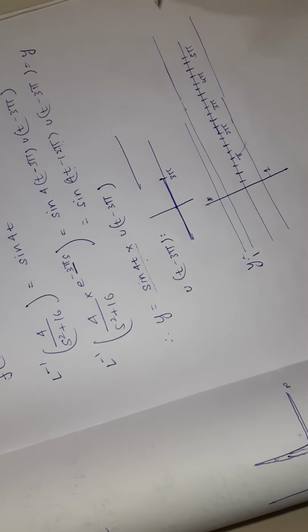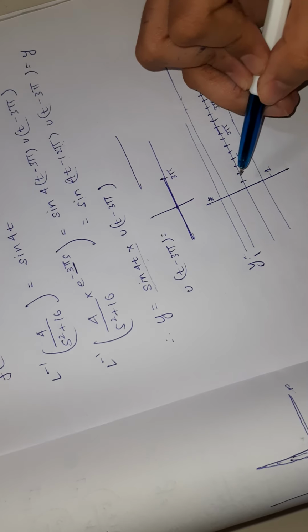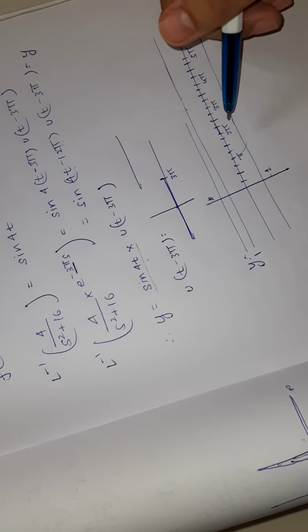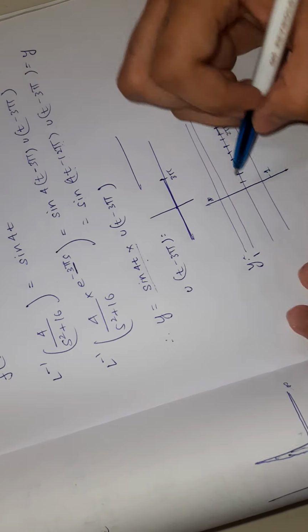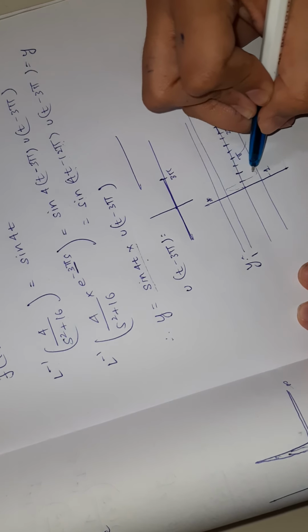And the real graph starts after 3 pi, but I need to know at what point it will start. So I'll just start with a dotted line over here. So sine 4t is going to be like this.